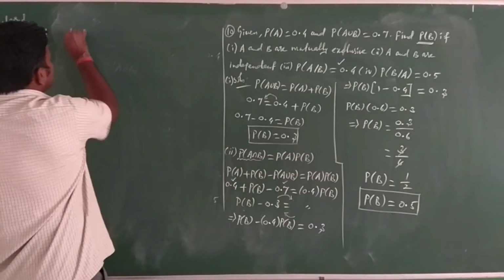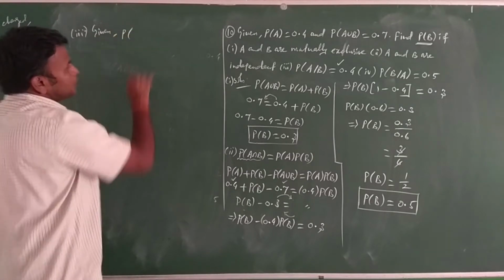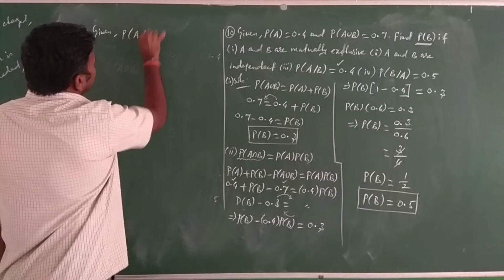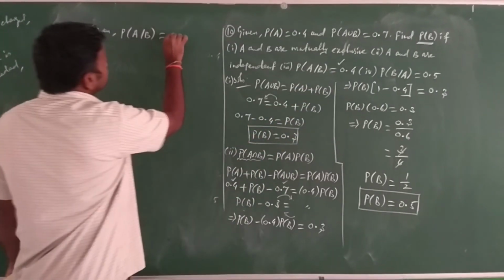In the third submission, P of A given B is given. The value of P of A given B is 0.4.